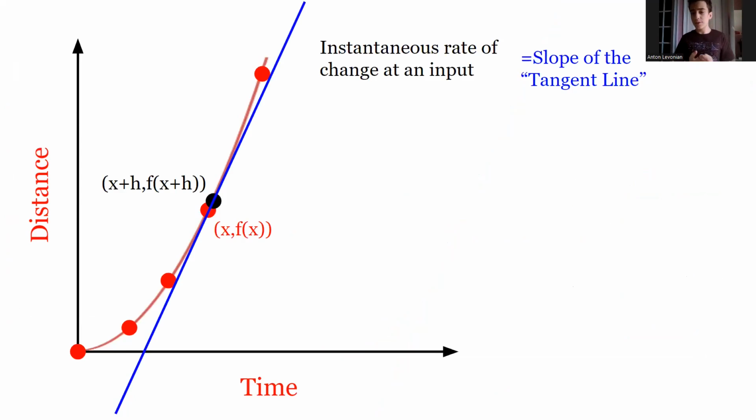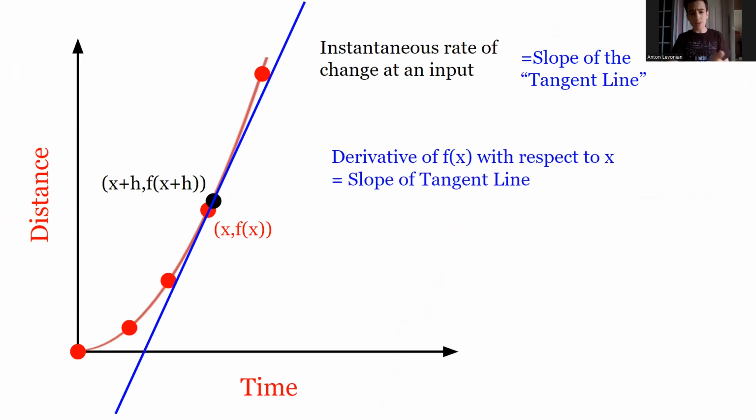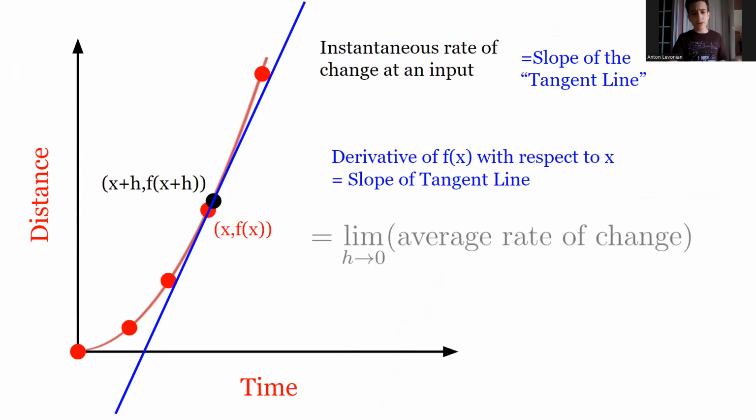So let's write everything that we covered onto a new slide. And we have this kind of setup right here. And we want to find a mathematical formula for the instantaneous velocity, which is the slope of the tangent line. So this derivative of f of x with respect to x, that is once again the slope of the tangent line.